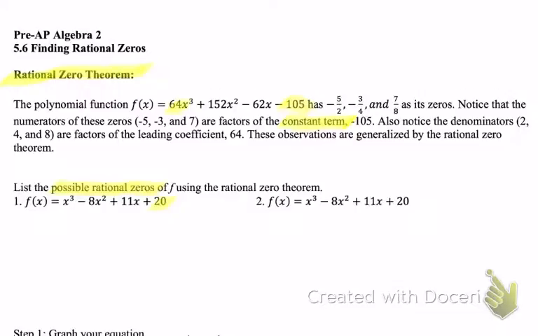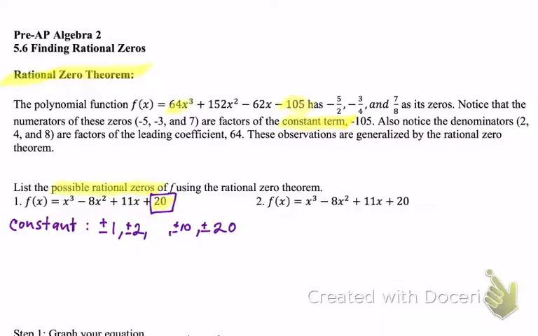So what we do first is we list out all of the factors of the constant. In this case, we have 20. So the factors of 20 are plus and minus 1 and plus and minus 20. 1 times 20. 2 times 10, so plus or minus 2, plus or minus 10.